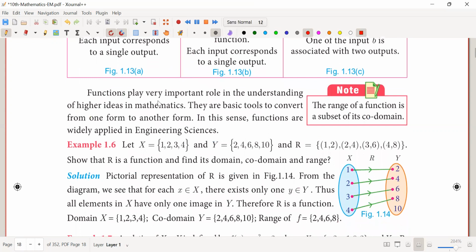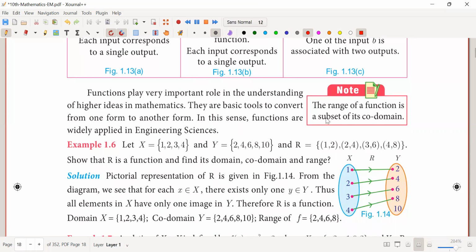Next. Function plays a very important role in the understanding of higher ideas in mathematics. Like I told you, when you are going into ideas, you should have something related. There are basic tools to convert from one form to another form. In this sense, functions are widely applied in engineering sciences.